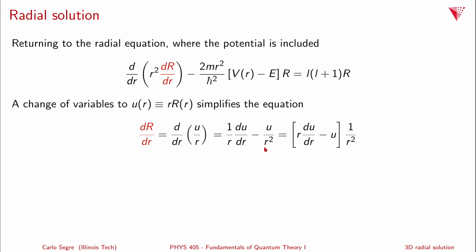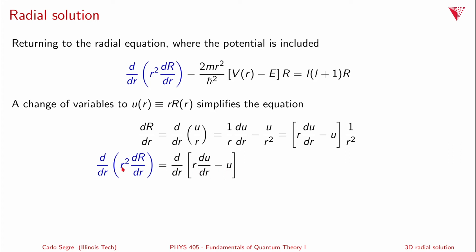So we can rewrite this by pulling out a 1 over r squared from both terms. We get r times du/dr minus u, all times 1 over r squared. That's the first term here in red. Then we take the term in blue and we apply the red term that we had already just decided, and we get d/dr of r du/dr minus u.